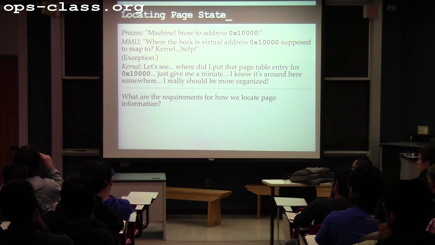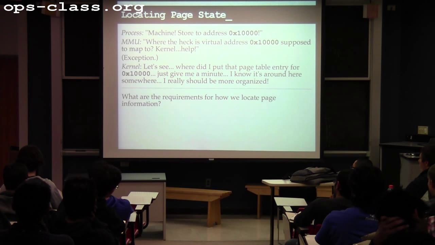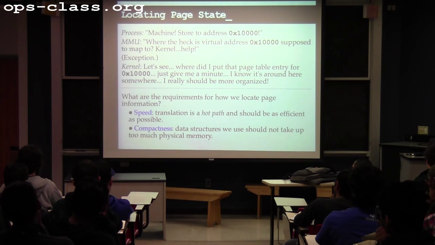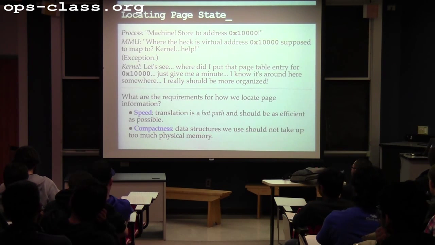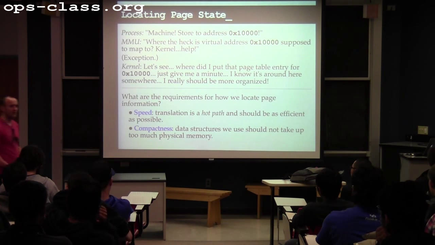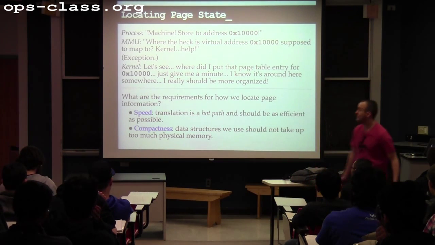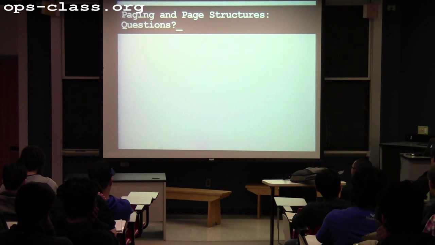So it would be best if it was what? Small. Yeah, look at that. Wow, I said that all together. That was impressive. Yeah, so speed, right? I want to be able to do these translations fast. We already talked about that. But also compact, because this is kind of like scheduling. These data structures compete for useful memory with processes, right? So if I have a data structure that's really fast and yet massive, it doesn't work very well, okay?